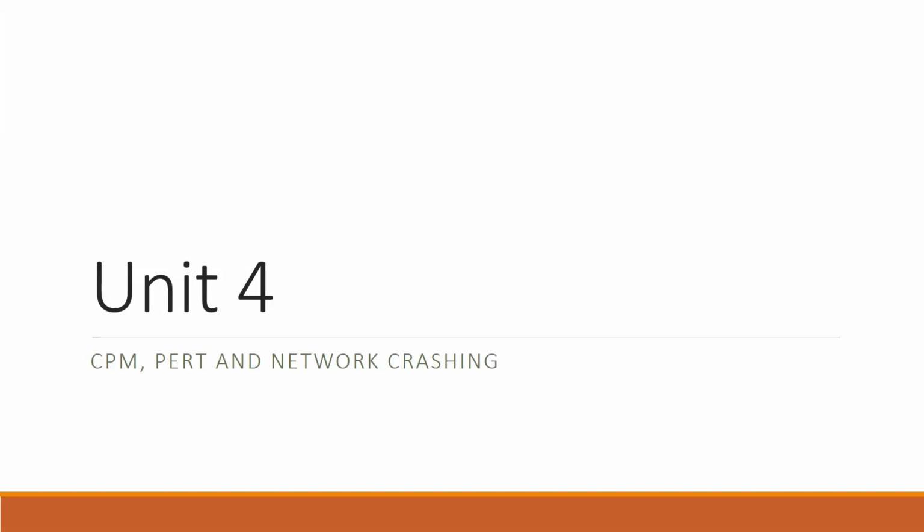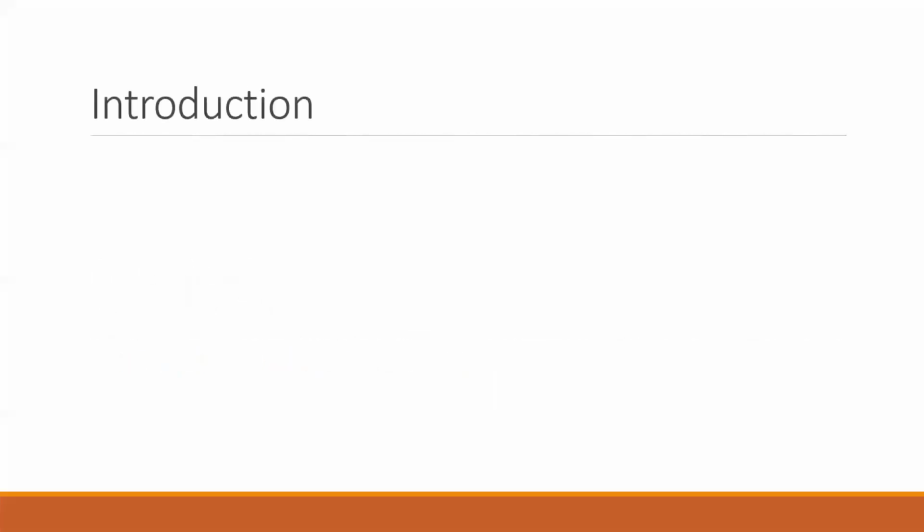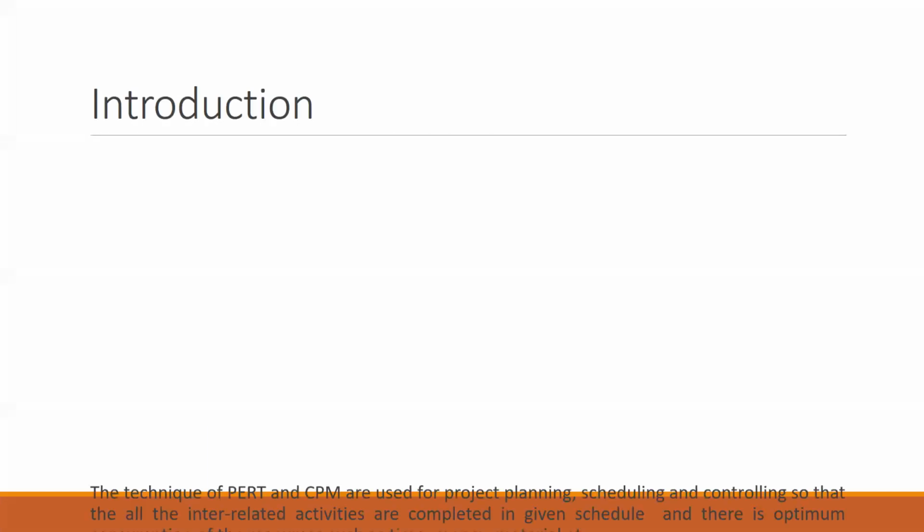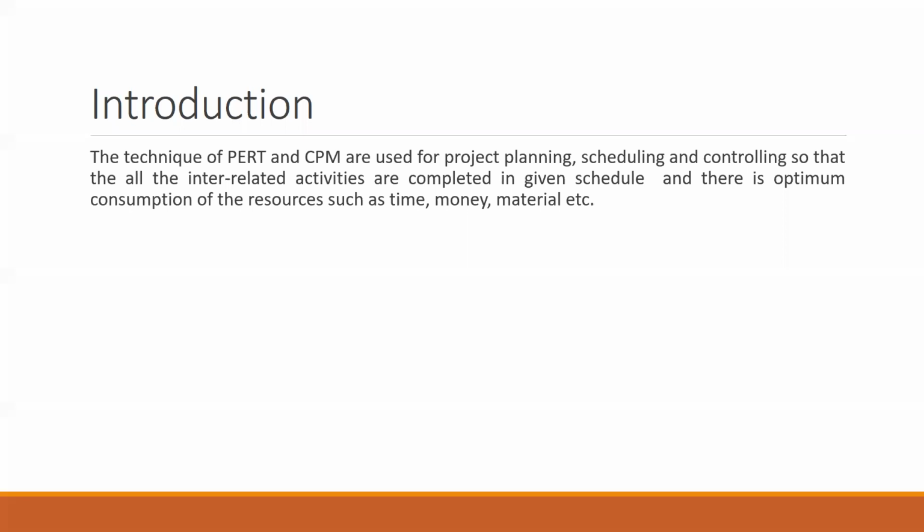Before we go and see these common features, let us see the PowerPoint. I'll just go to some slides here. As in the introduction, as I told you about the PERT technique and the CPM technique, the main purpose is project planning, scheduling, and controlling.